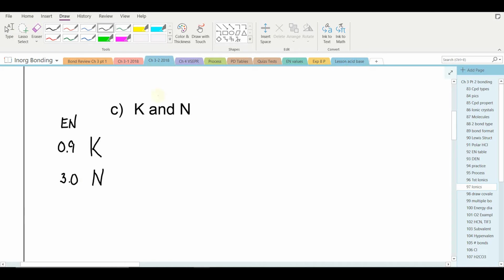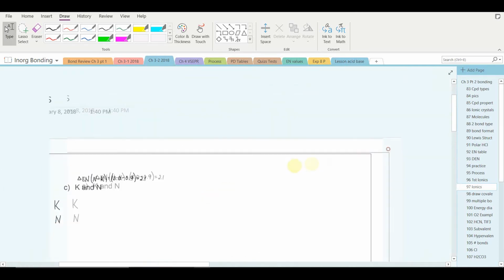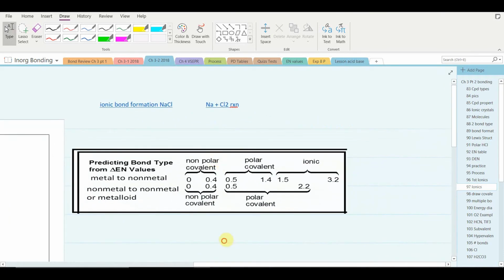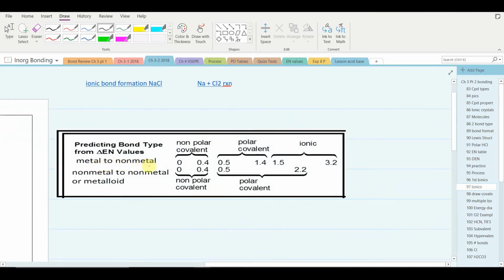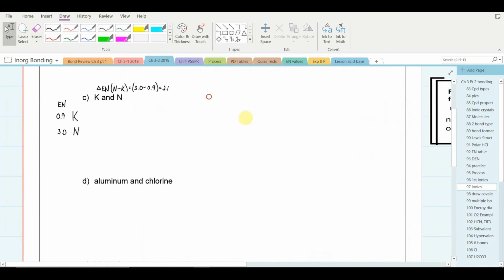The difference in electronegativity for a nitrogen to potassium bond would be equal to 3.0 for nitrogen minus 0.9 for potassium is 2.1. What kind of bond is that? Let's check our table. We're going to use the upper scale, metal to nonmetal. 2.1 falls way up here in the ionic range, so clearly we're saying that's an ionic bond.